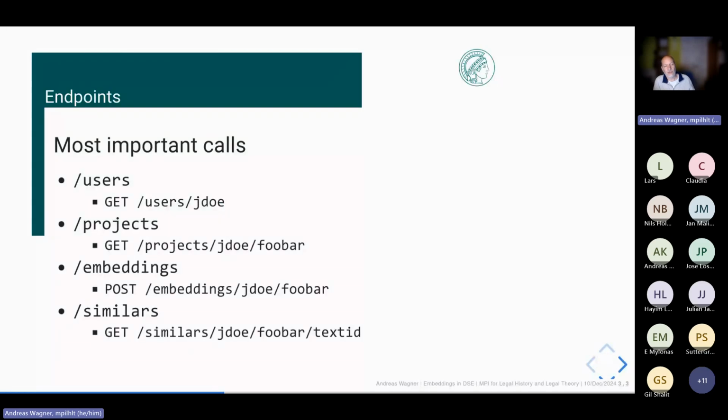You would, for example, have calls that would get information about the users of the vector database, the projects, but then more importantly, you would post your embeddings to a project here, to John Doe's or Jane Doe's FUBA project, and you could get them, and you could get the similars for a certain text ID of that project.